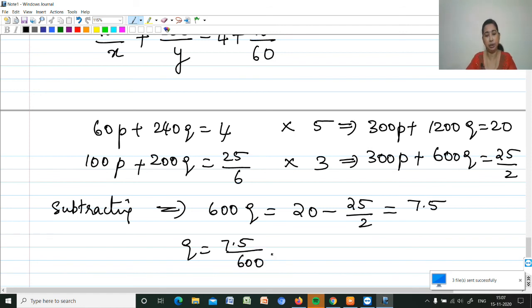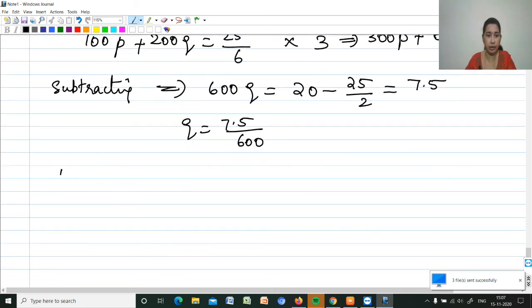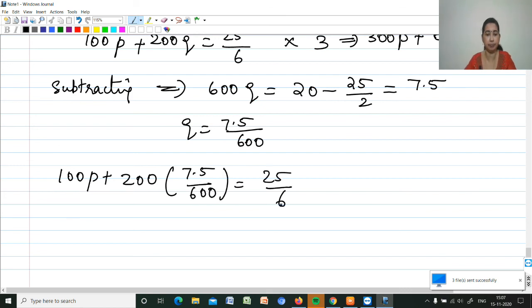This value of q we can substitute in any of these equations. We can put it in the second one. So 100p plus 200q, q is 7.5 by 600, is equal to 25 by 6. Then this 200 will get cancelled 3 times. So 100p plus 7.5 by 3 is equal to 25 by 6.